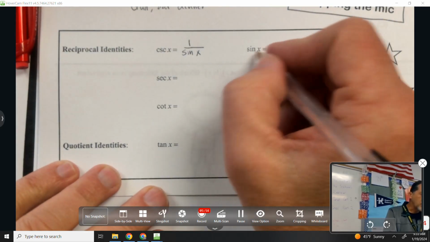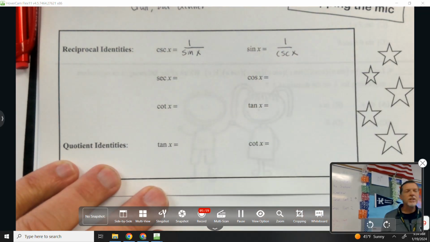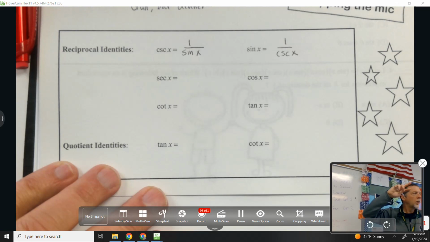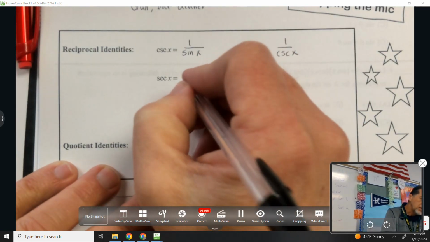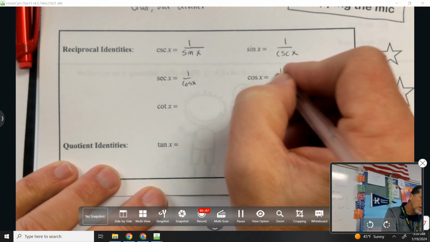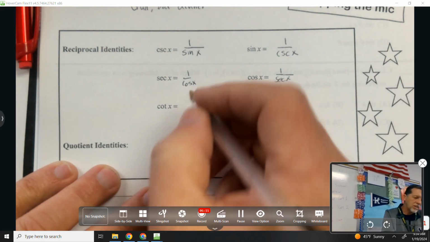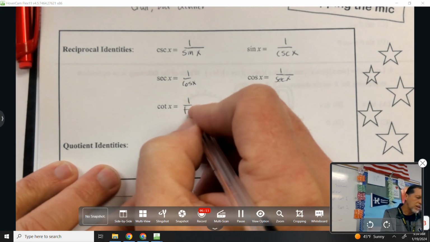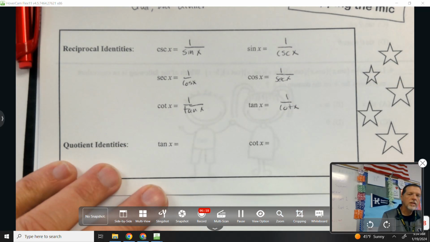Sine of x, we don't often think of this, but this is equally true. Sine is equal to 1 over cosecant. They are reciprocal partners. So secant's 1 over cosine. Cosine's 1 over secant. Cotangent is 1 over tangent. And tangent's 1 over cotangent.